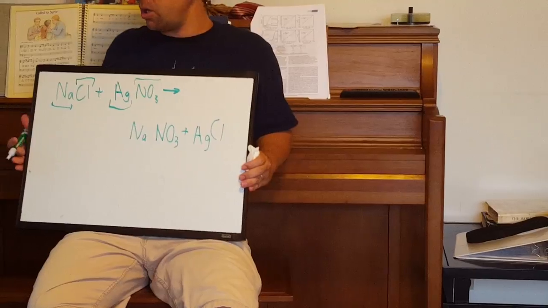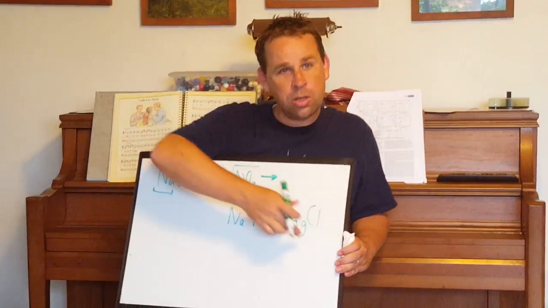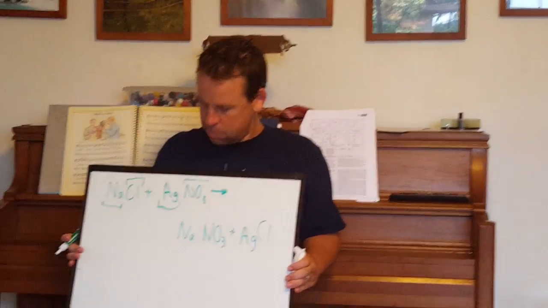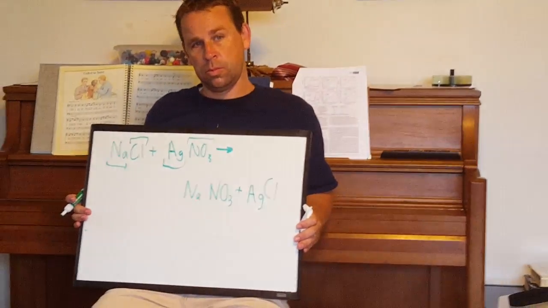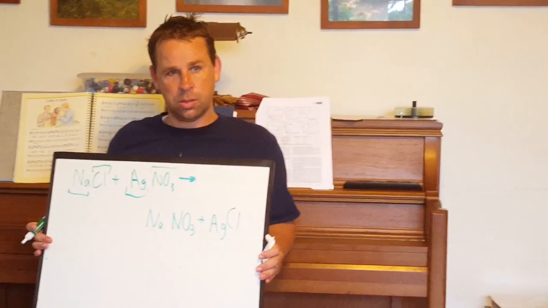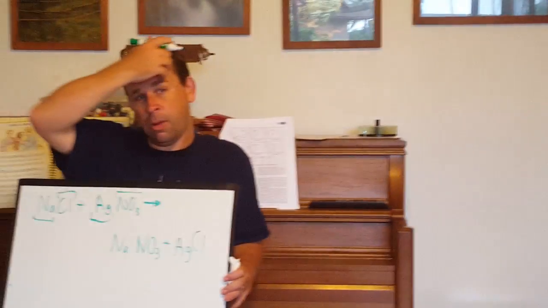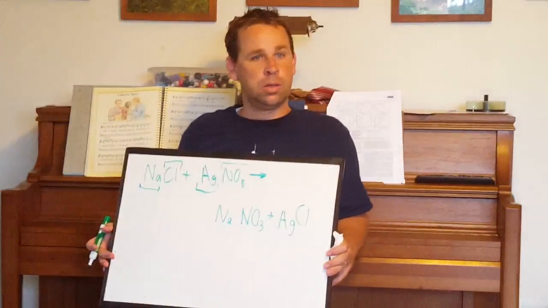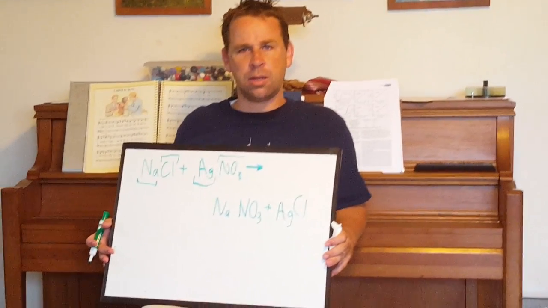Now we have to use our solubility table and find out whether we think either of these are soluble. Sodium nitrate is automatically aqueous. But the other one is trickier because it has column 7, so it must be soluble, except it has silver.